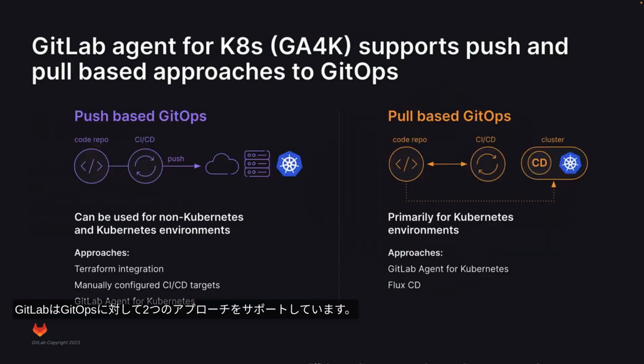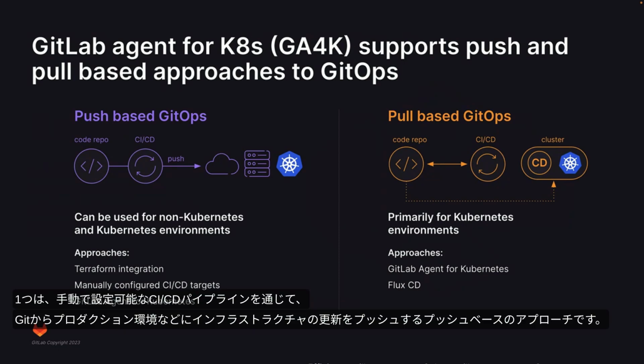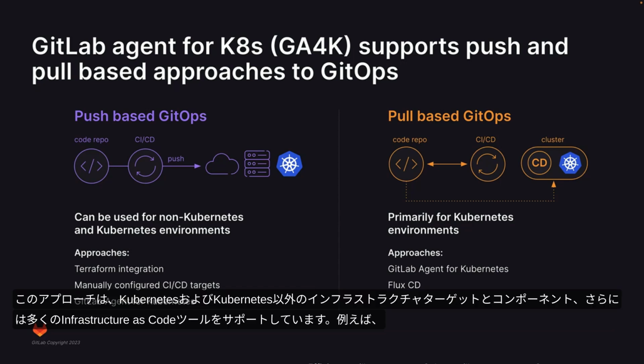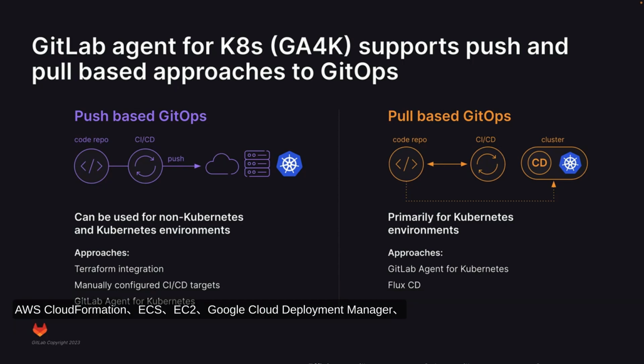GitLab supports two approaches for GitOps. One of them is the push-based approach, which consists of pushing infrastructure updates in Git to an environment, like production, via a CI/CD pipeline, which you can manually configure. This approach supports Kubernetes and non-Kubernetes infrastructure targets and components, as well as many infrastructure as code tools, such as AWS CloudFormation, ECS and EC2, Google Cloud Deployment Manager, Azure Deployment Manager, among others.